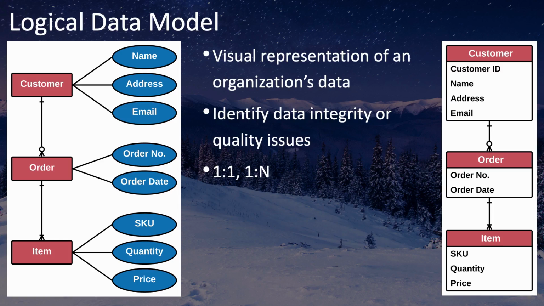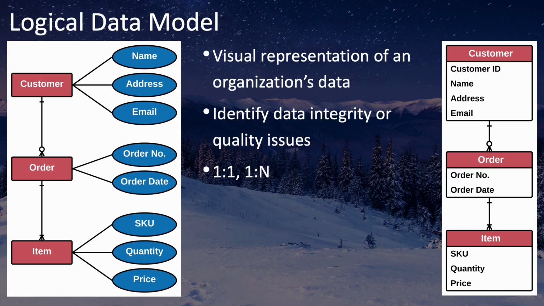In a real data model, you'd have many more attributes, such as billing address, credit card information, and more. Next, we have the order object, which has attributes of an order number and an order date. Each order then has items, and each item has a SKU, a quantity, and a unit price.